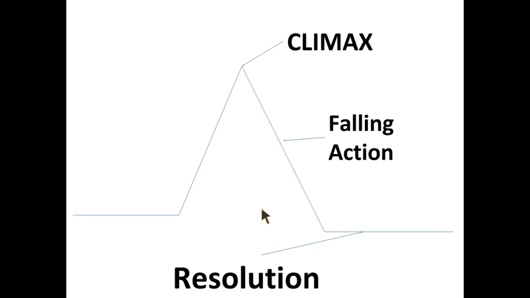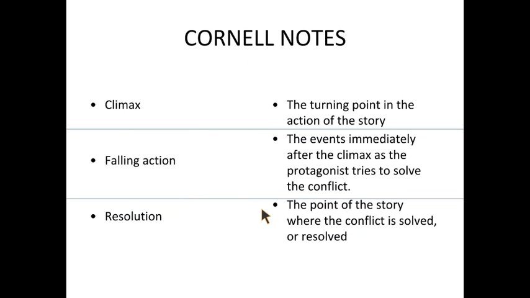Now, I want you to put your plot diagram to the side. I want you to open your Cornell notebook. I want you to take these notes. On the left side of the page, exactly as I did, I want you to write climax, falling action, and resolution, exactly as I did. On the right side of the page, I want you to write that the climax is the turning point in the action of the story.